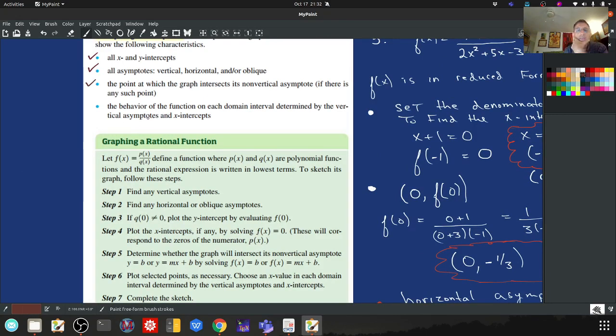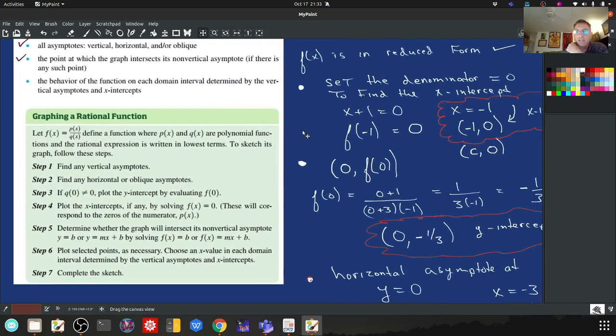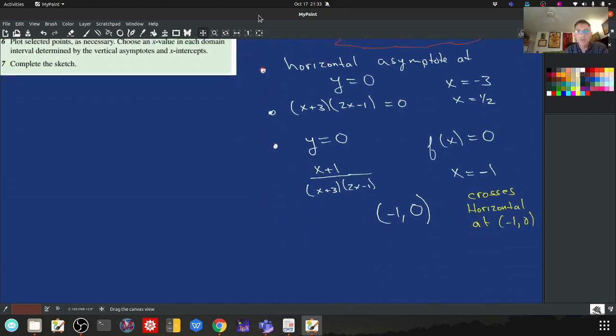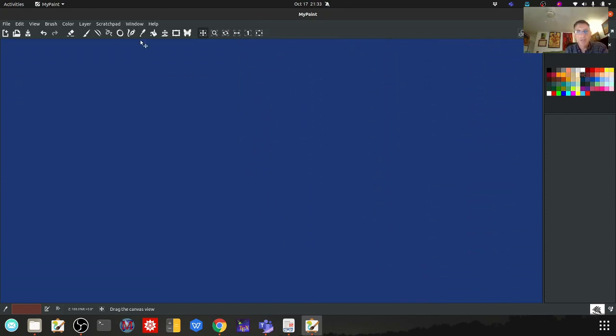Next is the behavior of the function on each domain interval determined by the vertical asymptotes and X-intercepts. We already found that our X-intercept is minus 1 and 0. So let's look at our function.